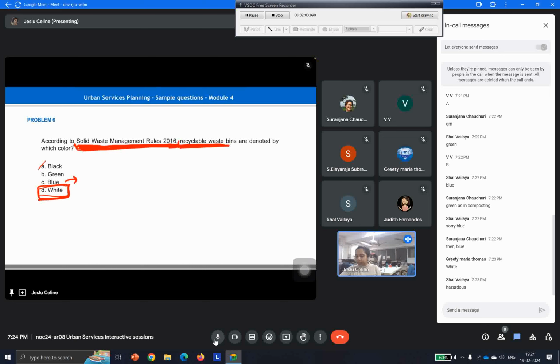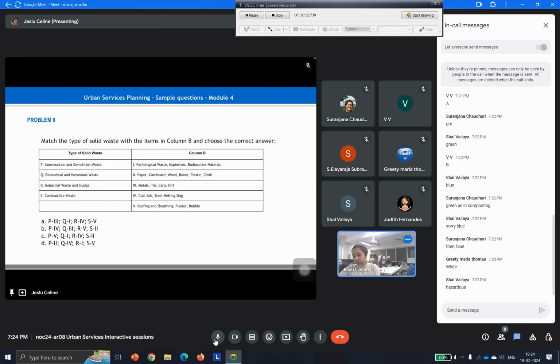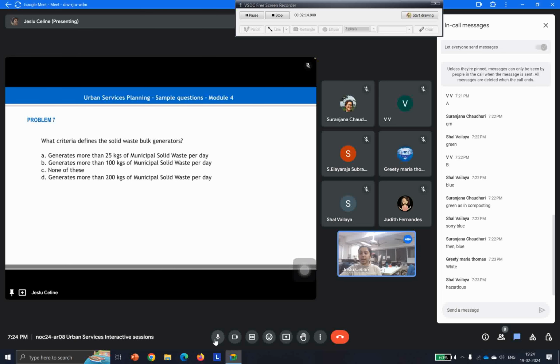What criteria defines the solid waste bulk generators? A, generates more than 25 kgs of municipal solid waste per day. B, generates more than 100 kgs of municipal solid waste per day.